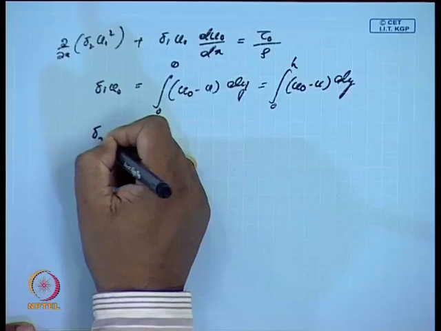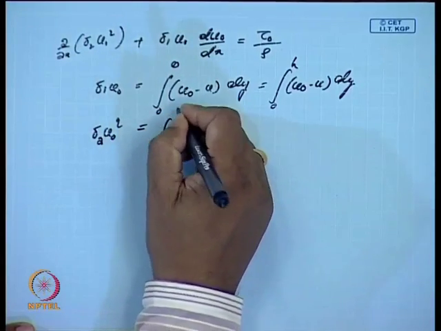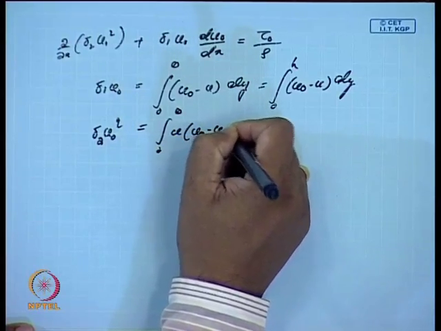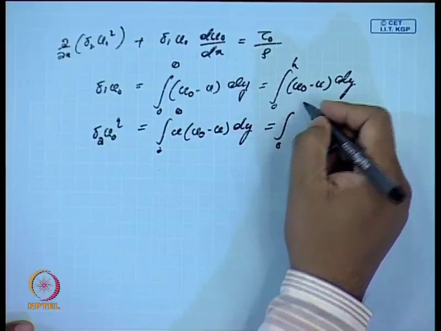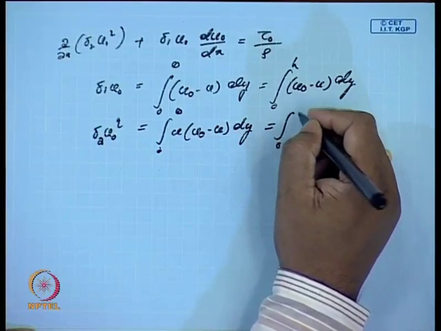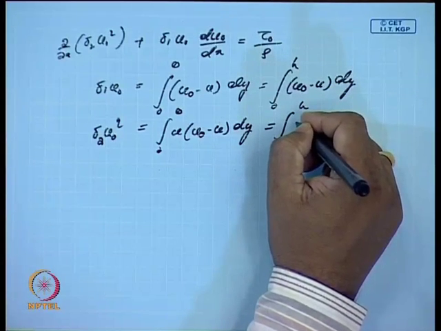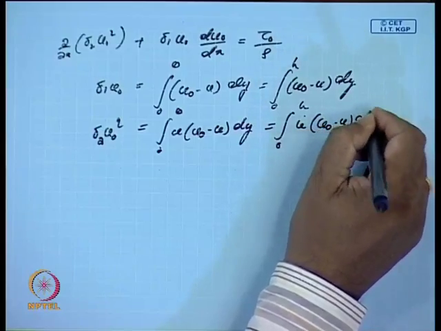Similarly, δ2 u0² is the integral from 0 to infinity of u (u0 minus u) dy, which is the same as the integral from 0 to h, because beyond the boundary layer the stream velocity is the same as the fluid velocity.